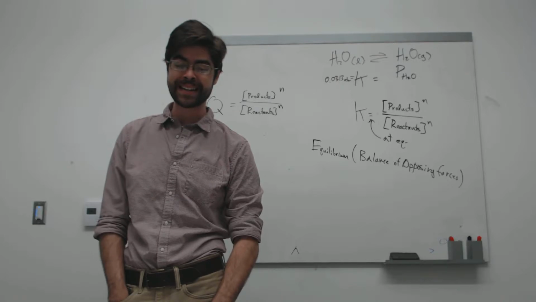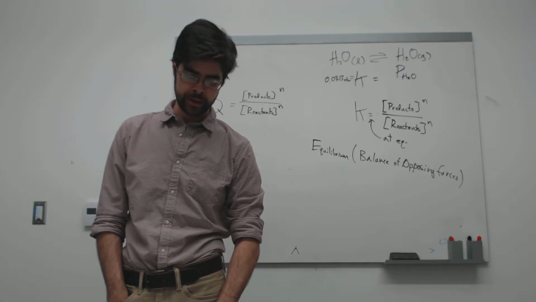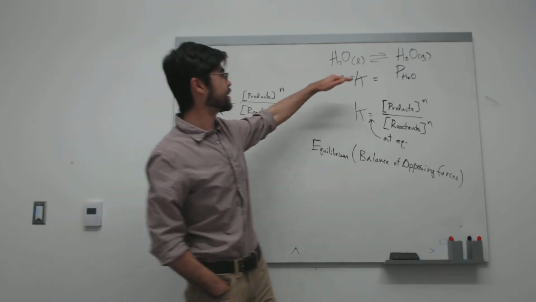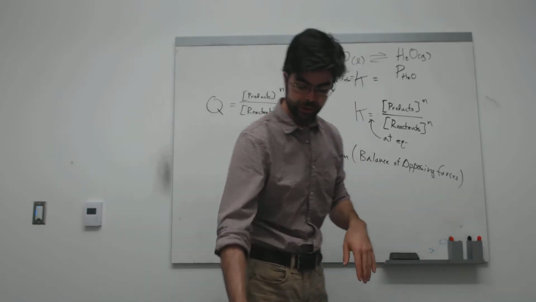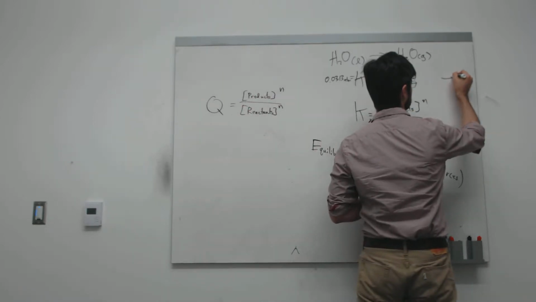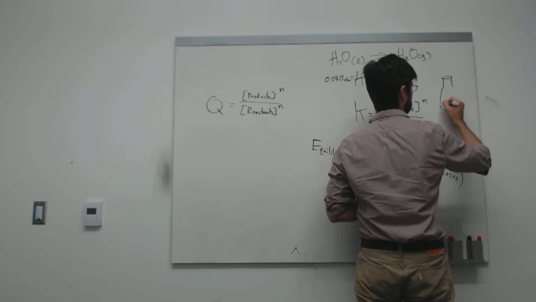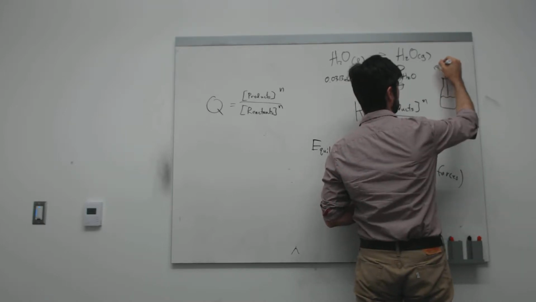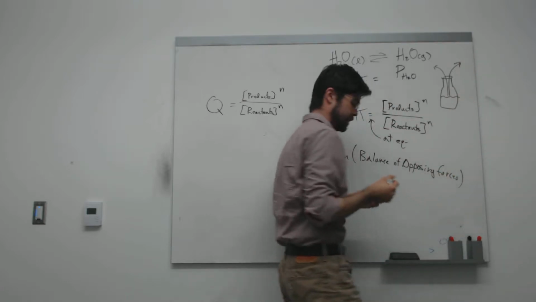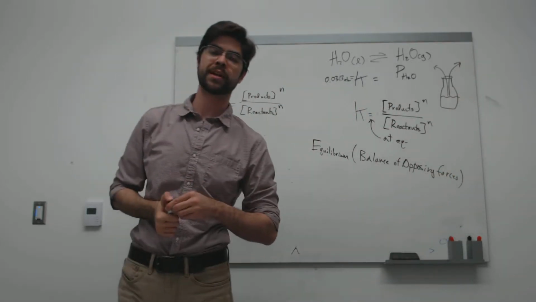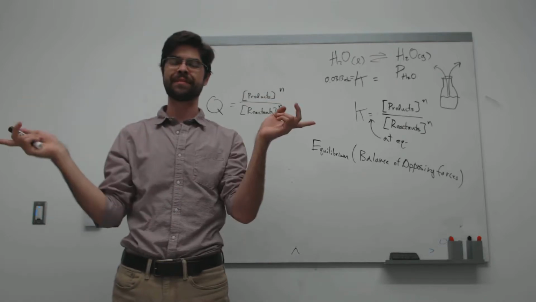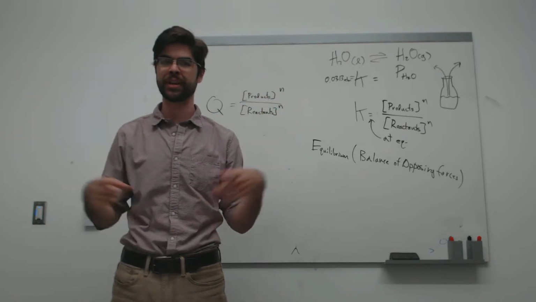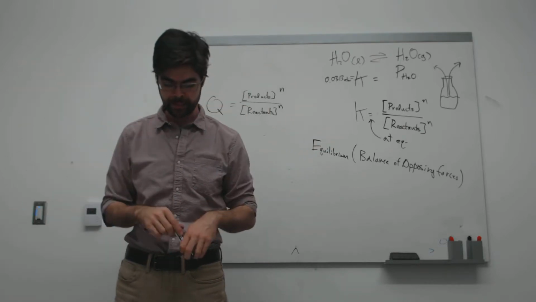An example of a process that is not reversible is one like this. If I have a bottle of water where the cap is open, that is not going to be a reversible process in the sense that once the water vapor leaves the bottle, it will never spontaneously come back.